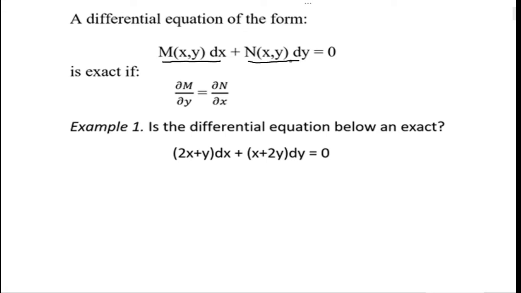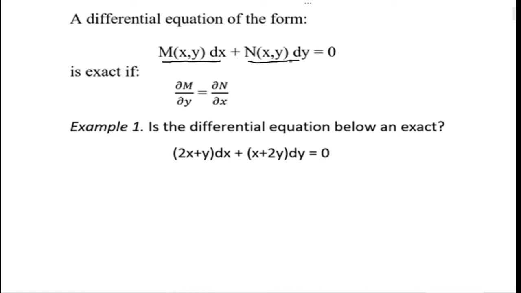That would be negative. And the sign is very important because we are going to get the derivative of both M and N, and we are going to equate them. So the equality will be affected if M and N are not both on one side.